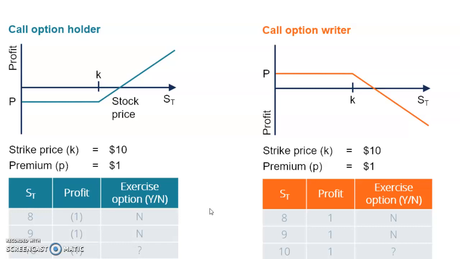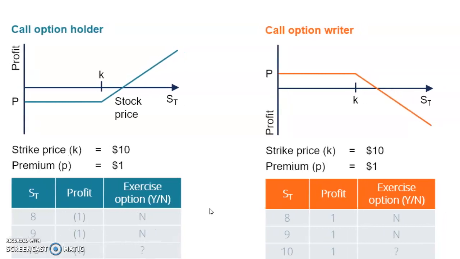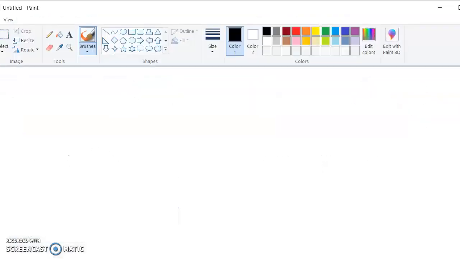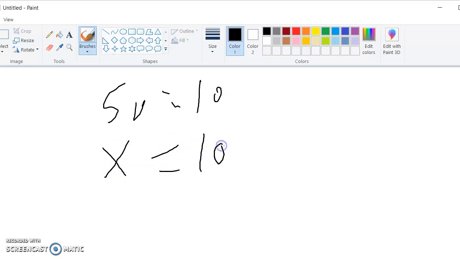So in this case, if the stock reaches 12, what happens? We have paid an upfront premium of 1. The difference between stock and strike is 12 minus 10, which is nothing but 2 here. Just to rewrite it again, our stock price is 10 here and the strike is also 10, and we have paid a premium of 1, which is a cost for us.